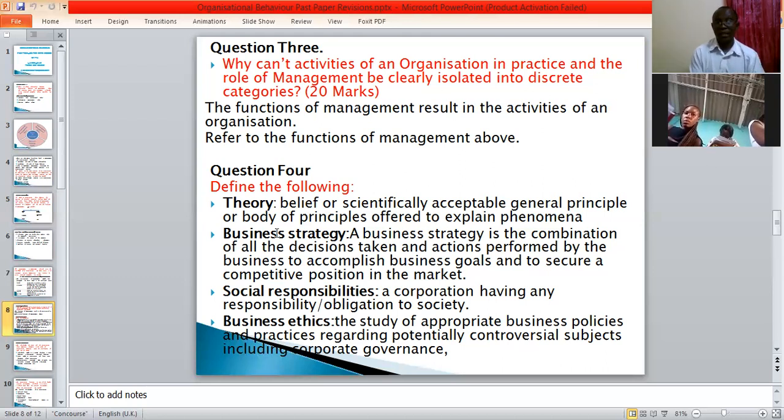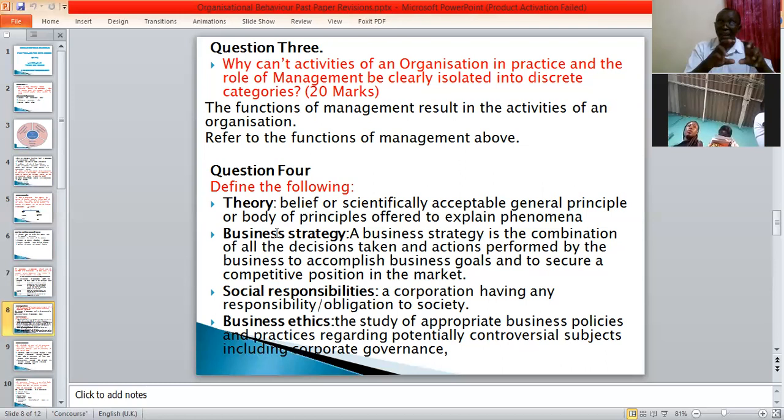So that's that. Then we have organizational business strategy, which is the combination of all the decisions taken and actions performed by a business to accomplish organizational goals. If an organization has set up certain objectives or goals, they need to develop business strategies that will enable them to achieve those goals or objectives.